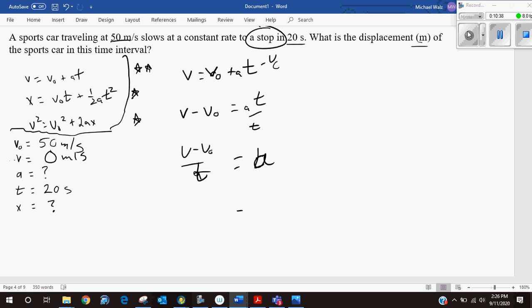Should be acceleration. Okay, so 0 minus 50 all divided by 20. Ooh, that's going to give us a negative answer. Should our acceleration be negative? Yeah, it's very good because, thanks Logan, that's positive and it says it's stopping. So we got to go in the opposite direction. Okay, so negative 50 divided by 20 is our acceleration, negative 2.5, unless I did that wrong.